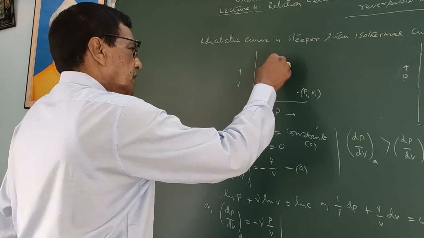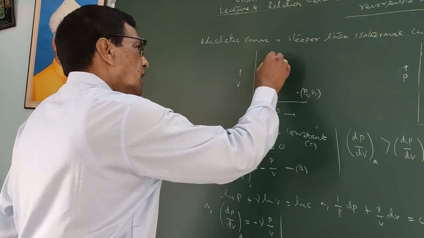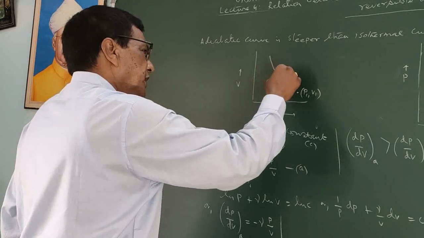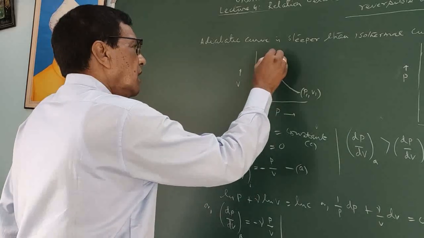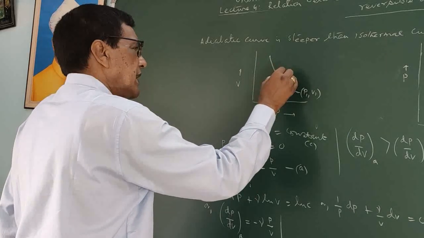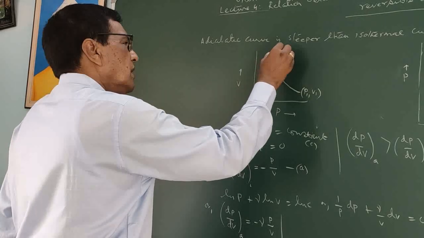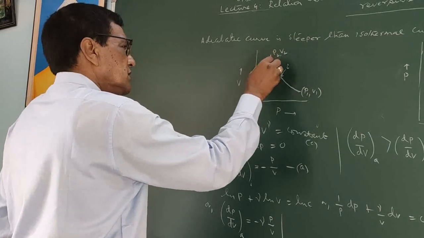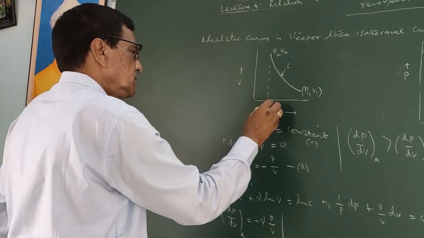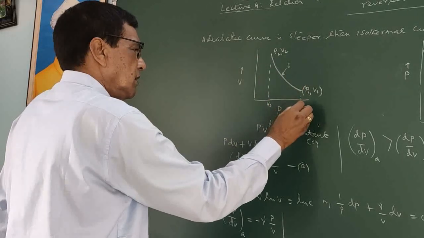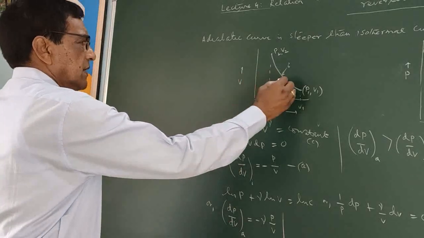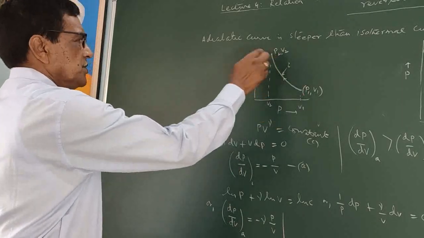So this will be a rectangular hyperbola for this isothermal process, with final pressure P2 and volume V2. This is the volume V2 and this is the volume V1. This curve is coming from this to this.